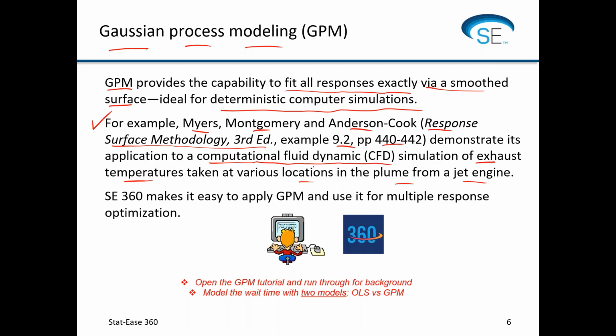So this whole approach of using DOE against deterministic computer simulations is very popular in aerospace, as now we're seeing, going against turbines, which could be used for jet engines in my prior discussion with the exhaust temperatures. But I think there's many other areas that it could be used, and I'll mention another example in just a moment. So StatEase 360 makes it easier to apply this Gaussian process model. And then what's really wonderful about our tool is that you can do multiple response optimization and look for sweet spots where all the requirements can be met.